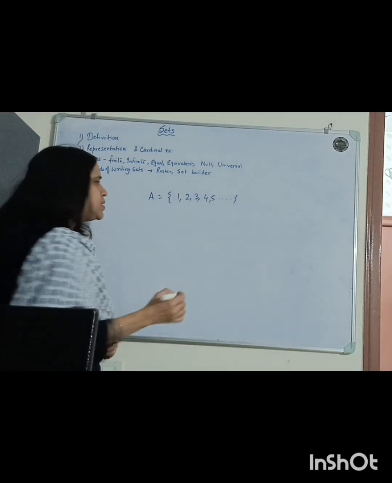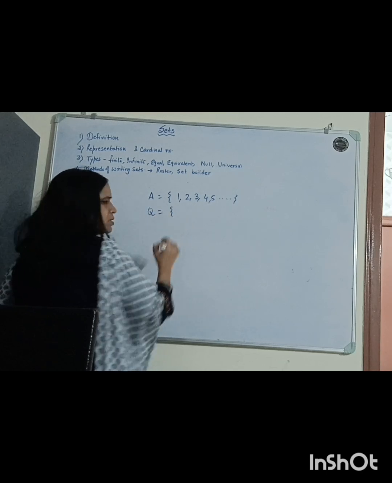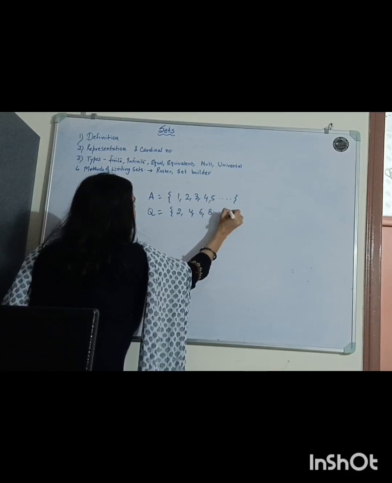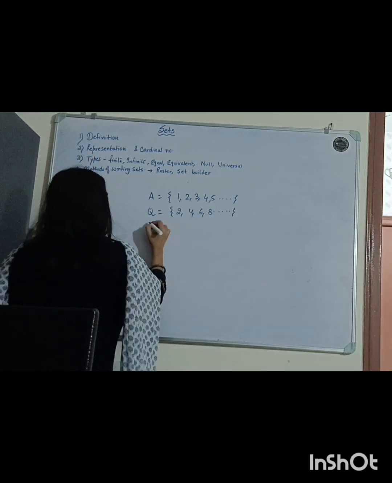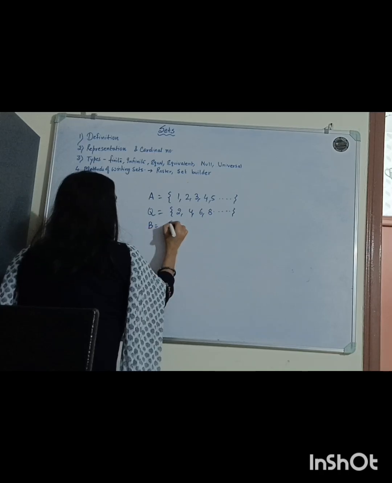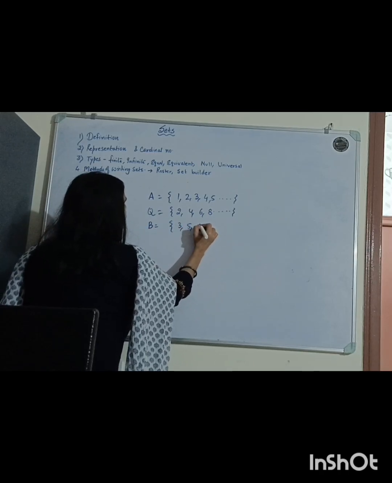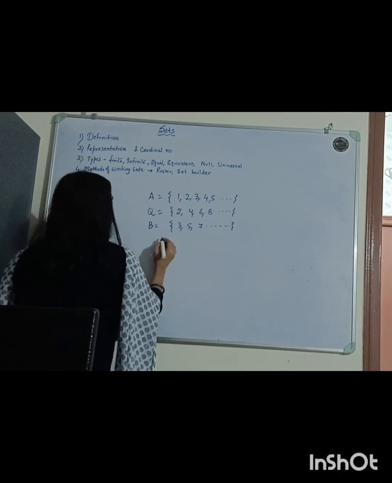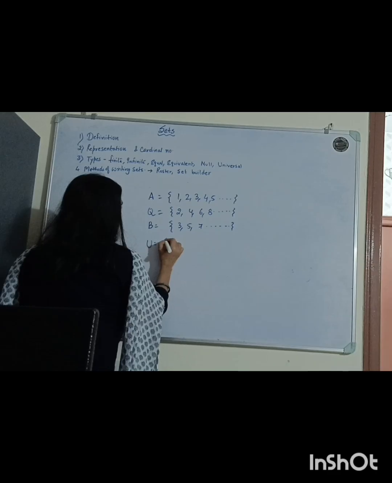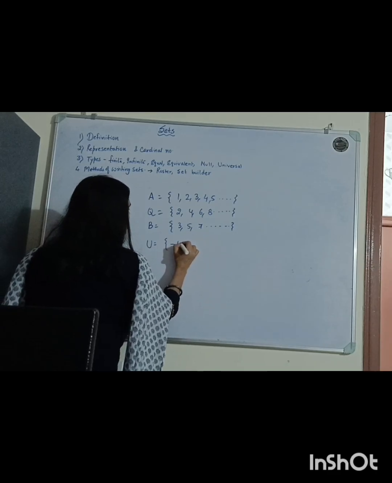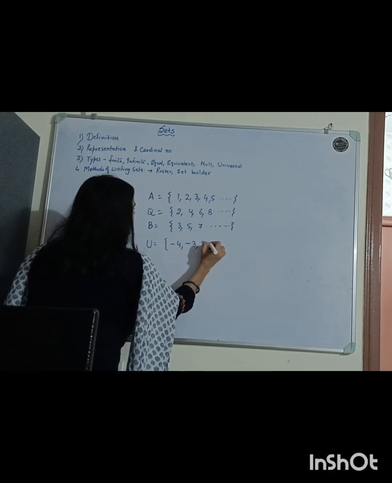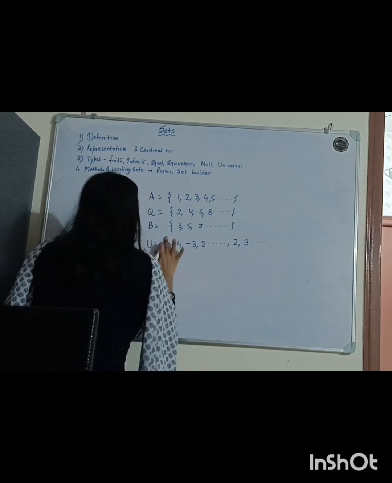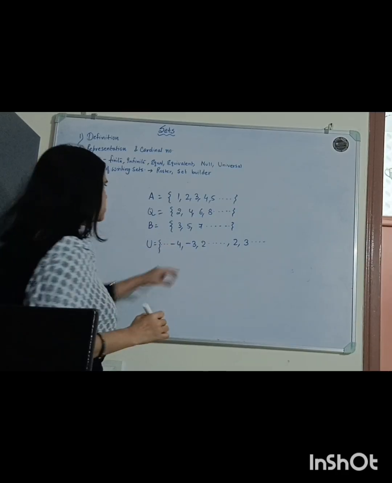Again I will say the set of all even numbers. Even numbers we will write 2, 4, 6, 8, endless. Now the collection of odd numbers. Now if I say the collection of integers, we can write it like this, right?